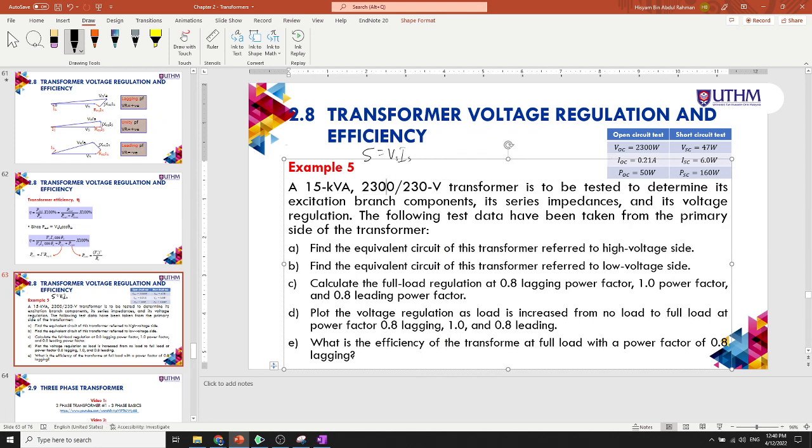If the left one is highest, that means the primary side, so refer to the primary side. And this one lower means the secondary side. Then calculate the full load regulation at power factor 0.8 lagging, then unity, and then leading. They ask you to plot the voltage regulation, plot the phasor diagram, and then calculate the efficiency.